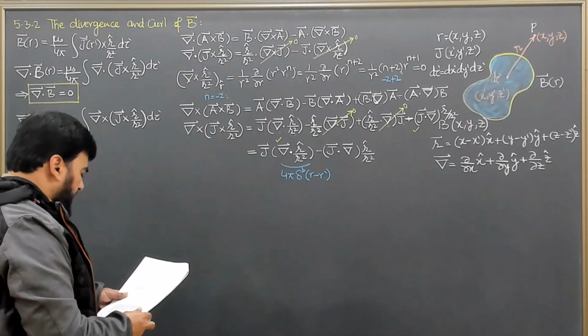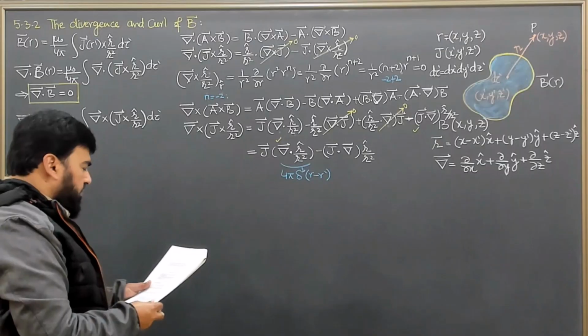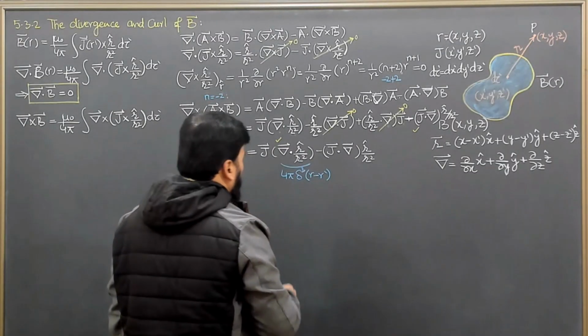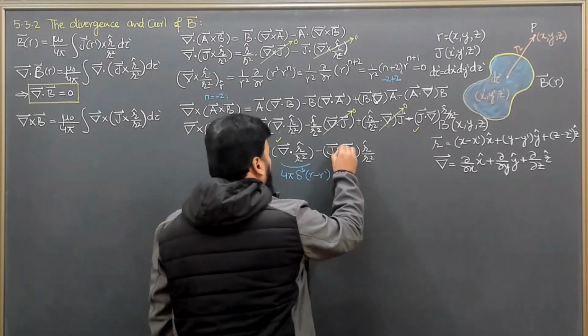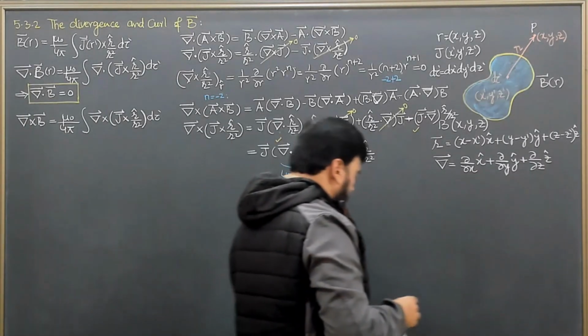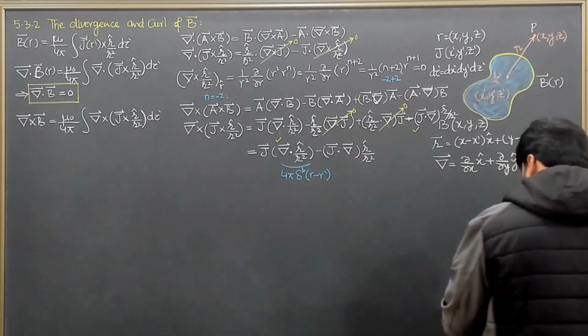The other thing is what will happen to this one, J dot del acting on R over R squared.